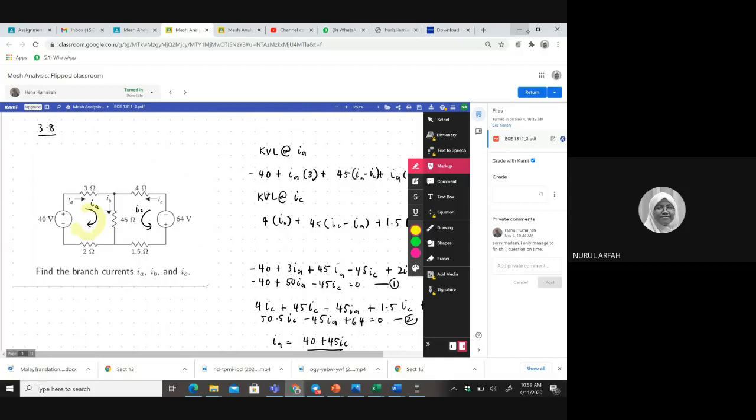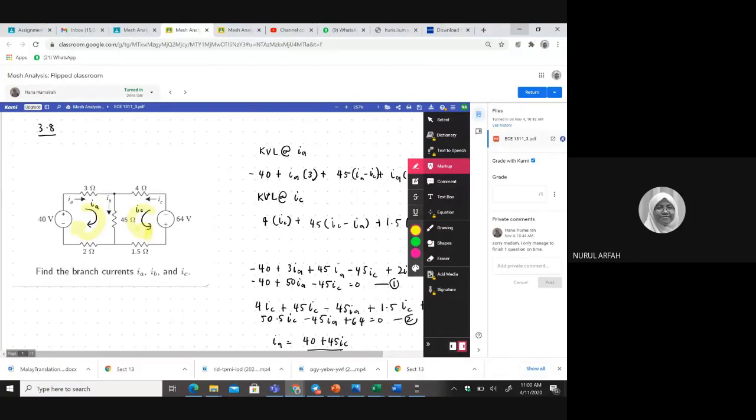If this one going clockwise, but this one anti-clockwise. So you're supposed to just give the same direction, no problem. I know you want to simplify yourself and then follow IC and also IA, right? But for mesh analysis, it's better not to confuse yourself. Just follow the same direction for all loops.